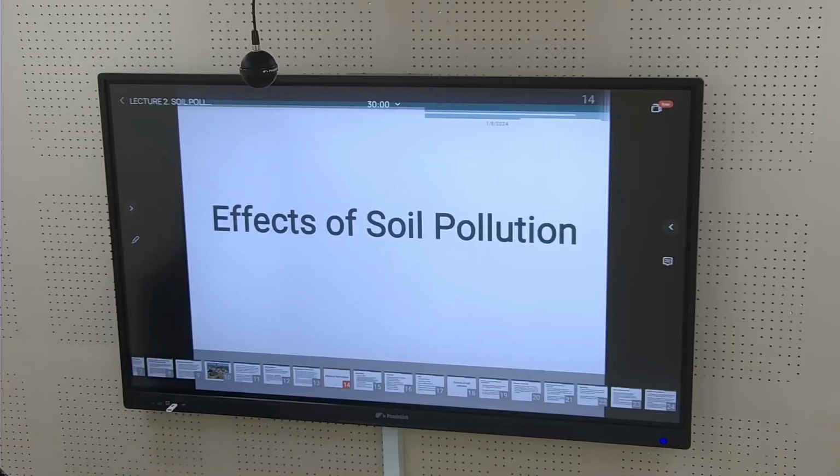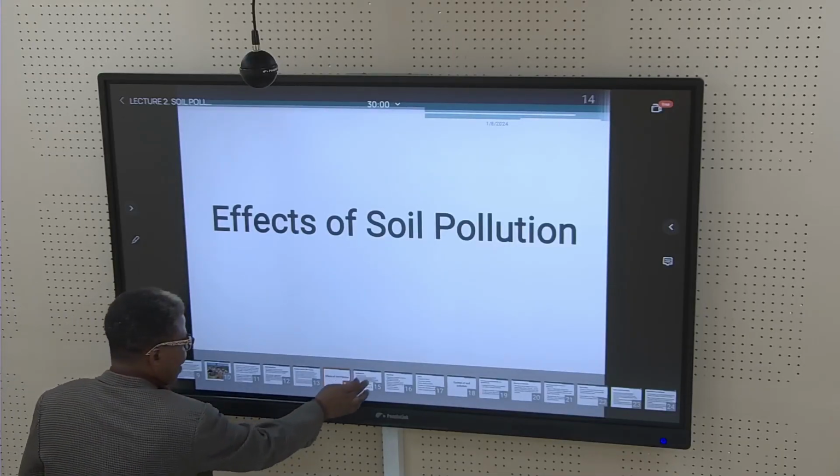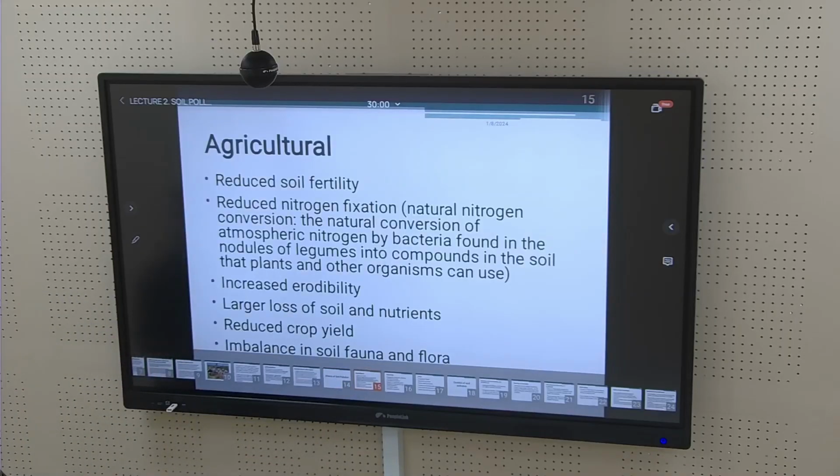It's very important now to note the effect of soil pollution on our environment. Start with the effect of soil pollution on agricultural activities. It reduces soil fertility. If the soil has some unwanted material or has been polluted, we term it as reducing soil fertility.